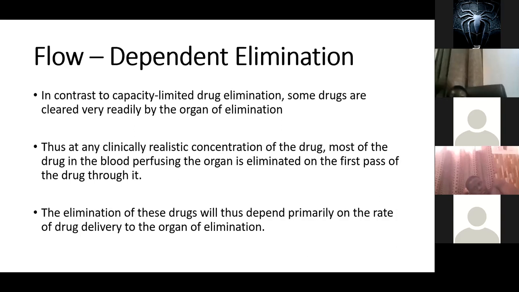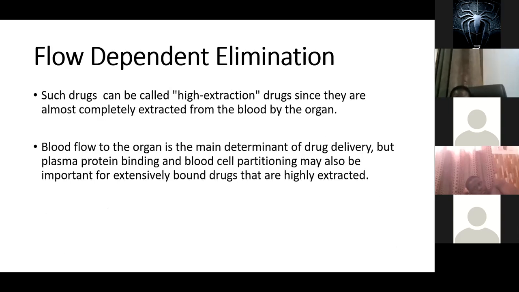the elimination of the drug depends on how much of the drug is brought to the organ of elimination. So this means that in organs where the blood flow is slowed down, then the rate of elimination will also be slow. So such drugs are called high extraction drugs because they are almost completely extracted from the blood by the organ.